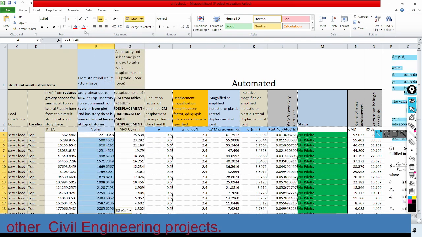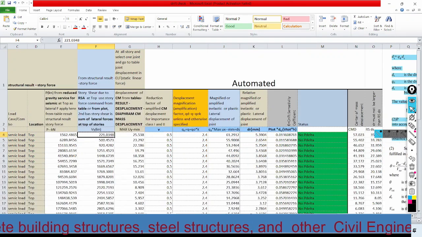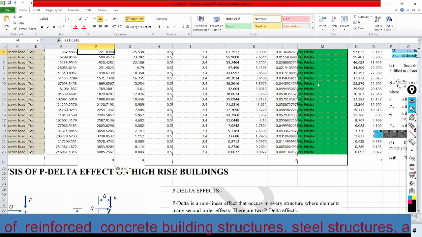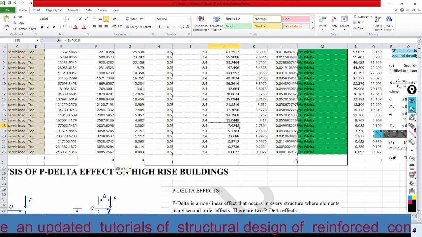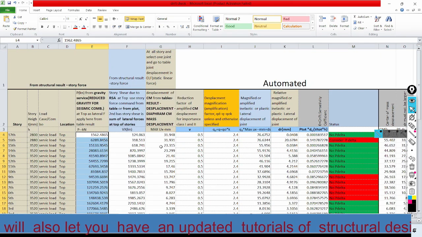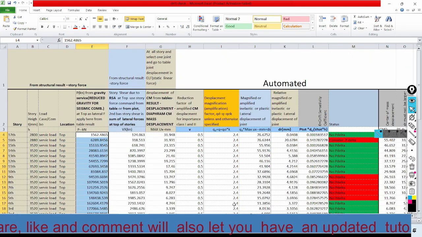Paste it. So here there is no P delta effect in positive y direction. And just now let me come back to the negative y direction.